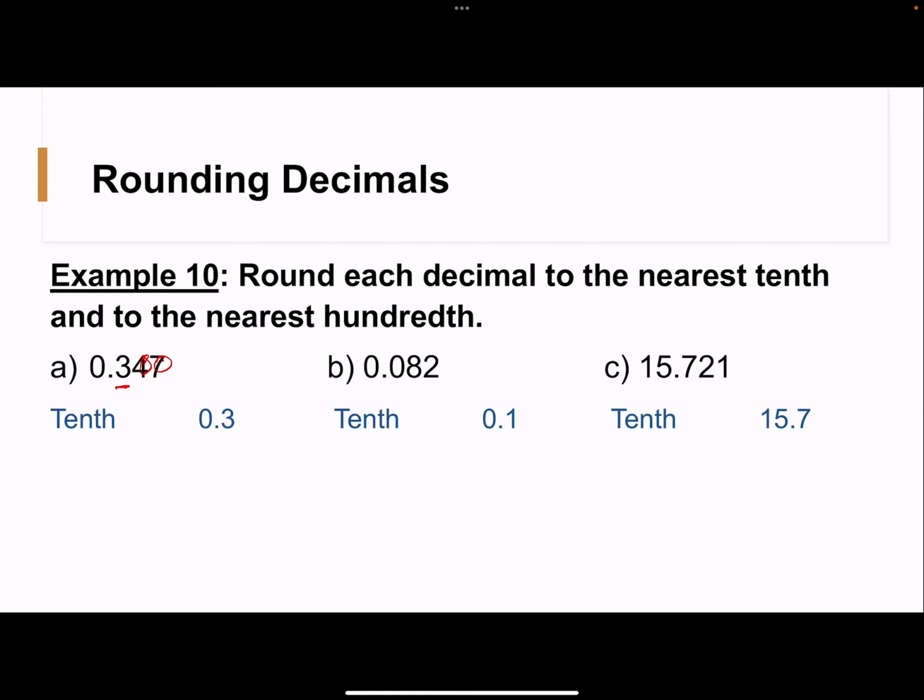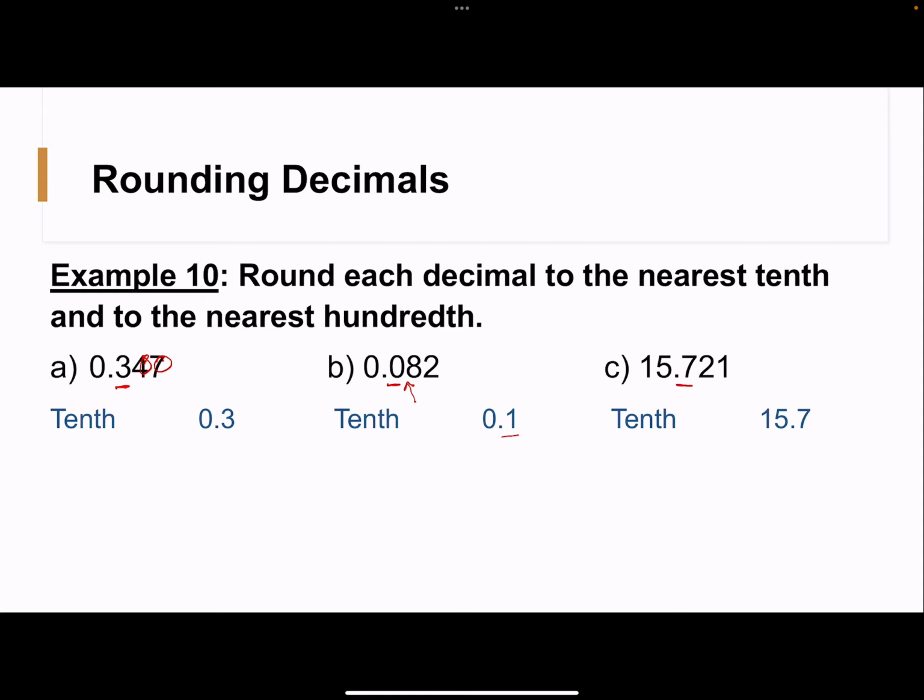So you can see that that rounded to the tenth would be 0.3. If I look at part B, the tenths place, then I look at the 8. That's my hundredths place. Since that is 5 or larger, I'm going to round that 0 up to a 1. And remember, all the digits after that are 0, and we don't have to write that. So 0.1.